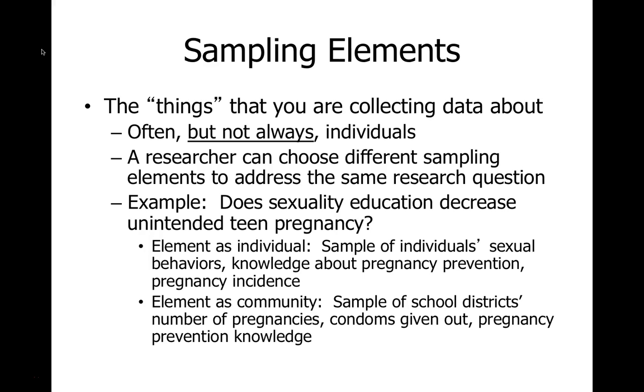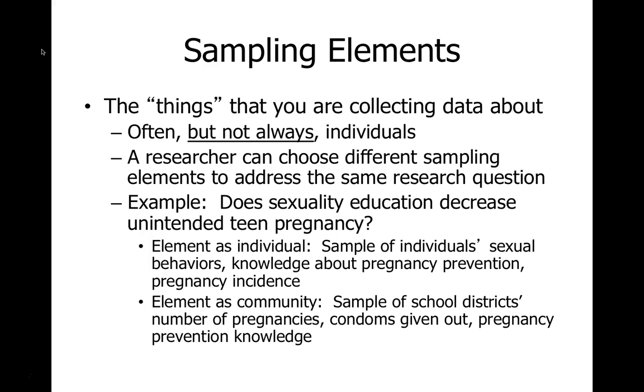But we also may be looking at a community as our element, so maybe school districts. Maybe some school districts have sex ed and some don't, or some have certain kinds of sex ed, abstinence only or comprehensive, for example. And so then our element may actually be comparing those school districts. And so we certainly get the behavior of individuals. We know the number of pregnancies, and those pregnancies happen to individual people.